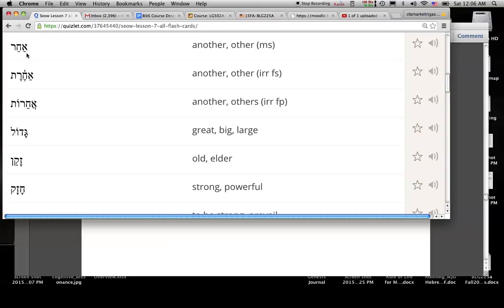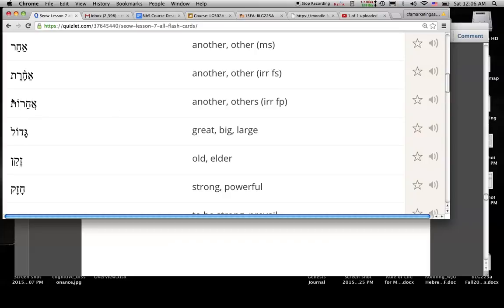Our first is acher, so another or other. So I could say ha'ish ha'acher, right? The other man. Could say similar is acheret, right? That's the feminine singular. So I could say isha acheret, another woman, yeah, or acherot.